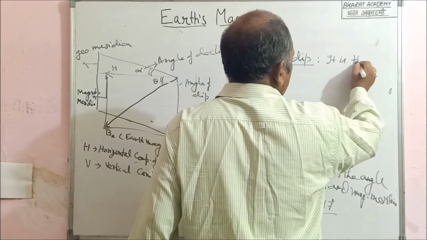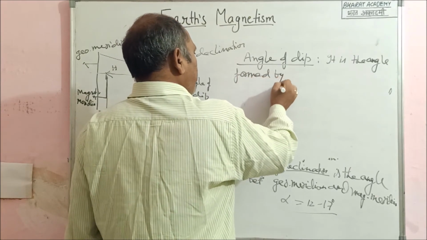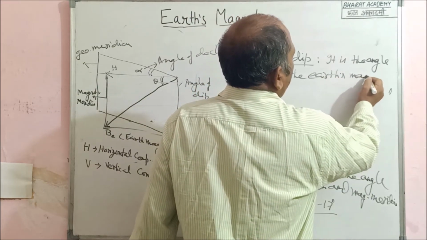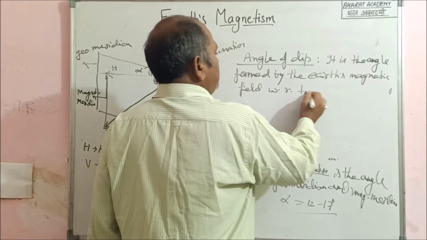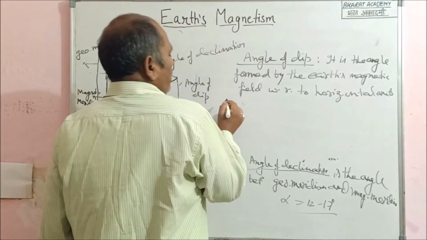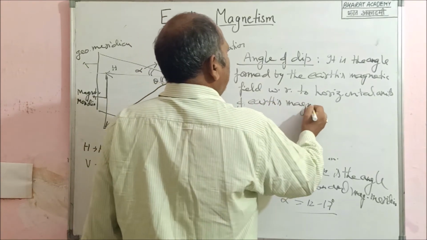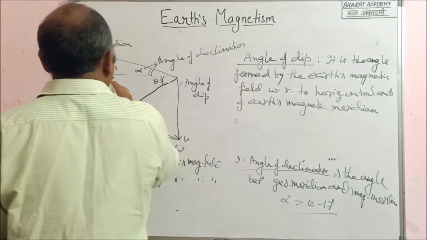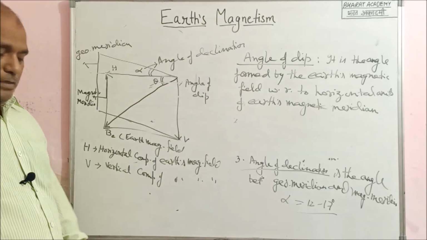It is the angle formed by the Earth's magnetic field with respect to the horizontal axis of the Earth's magnetic meridian. Remember, with respect to the horizontal axis of the Earth's magnetic meridian, this one, right? The angle formed here is the angle of dip, right?